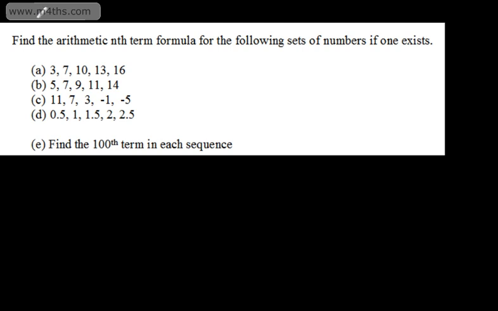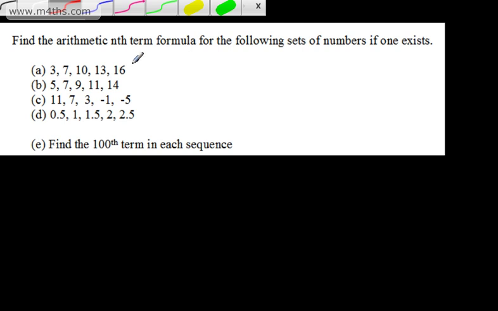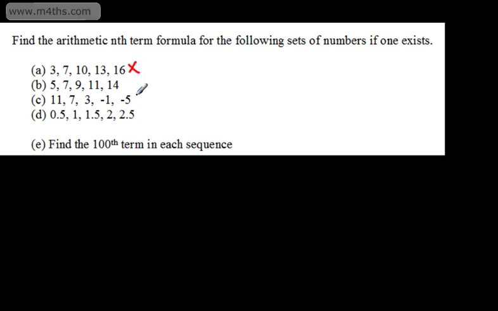We're asked to find the arithmetic nth term formula for the following sets of numbers if one exists. So let's look at this one. This one is going up. Firstly, it goes up by 4, then it goes up by 3, then it goes up by 3, then it goes up by 3. This is not arithmetic. It's not increasing or decreasing by the same amount. We do need to check.